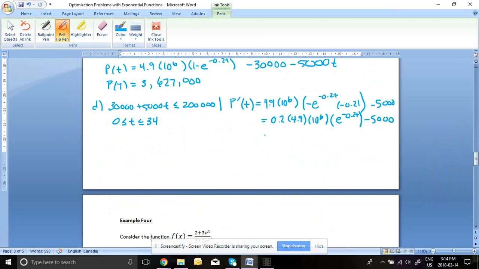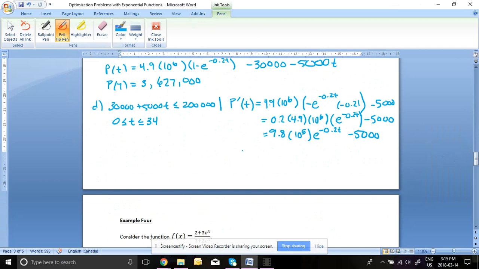Okay, so this is 0.98, but I can make it 9.8 if I change this to 10 to the 5. Again, just moving my decimal place over there. And then e to the negative 0.2 t minus 5,000. Okay, so now I want to set this derivative equal to 0 and solve.